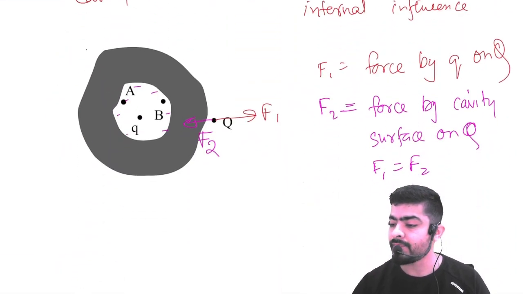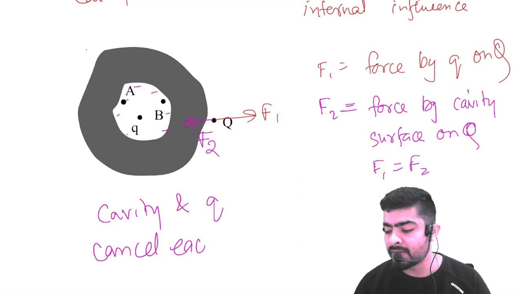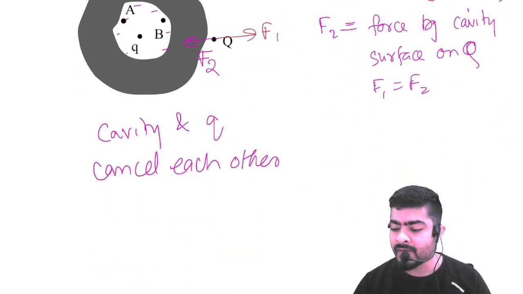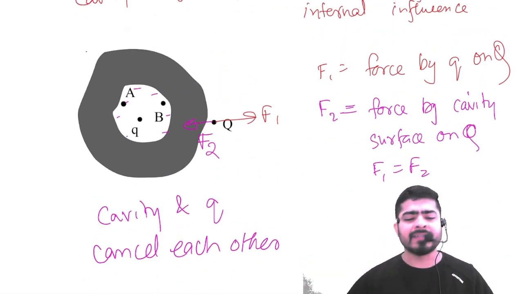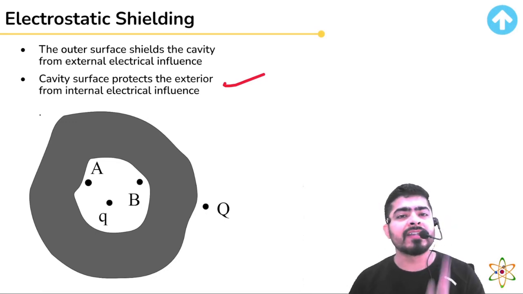Okay, I'll write this statement over here. Cavity and small q cancel each other. Okay, alright, so that's it. This is the basic thing that you just need to remember. So electrostatic shielding, this concept is clear.